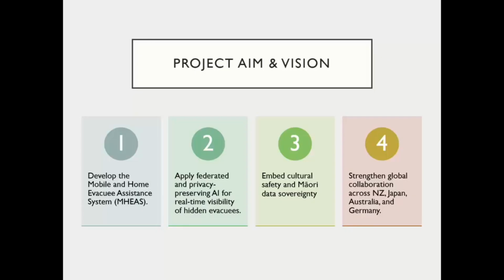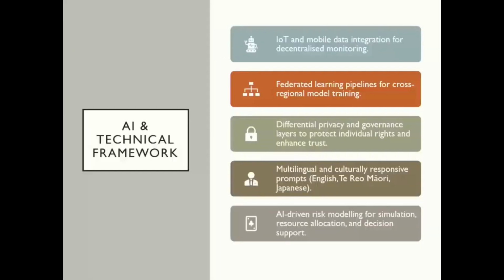So the idea is to use technology like federated learning and differential privacy. We will enhance the existing system implemented in Japan and New Zealand using cultural and privacy enhanced methodologies. This is also to strengthen the global collaboration between these countries for future projects.